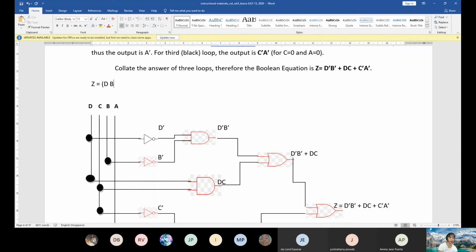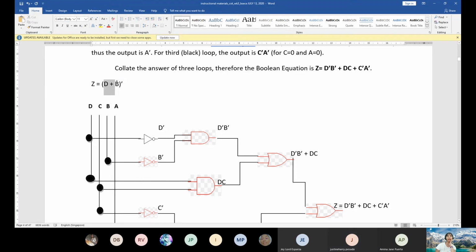D, B. You took out the prime here, but then you have to change the operator from times to plus. And this one is equivalent to, what is this? You OR first, then you NOT. What is this? D plus B is? What gate is this, class?